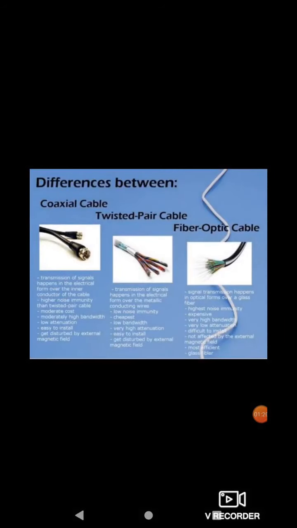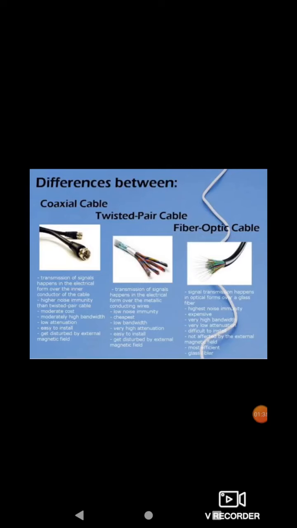Alright, so the network cables that we saw, there are three types: twisted pair cable, coaxial cable, and fiber optic cable. Let's take a look at this picture. It simplifies what the twisted pair cable, coaxial cable, and fiber optic cable are.